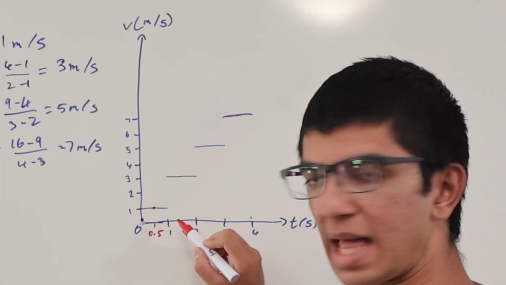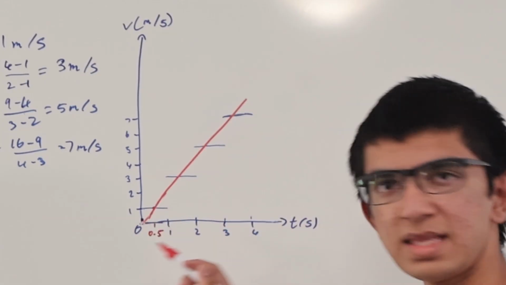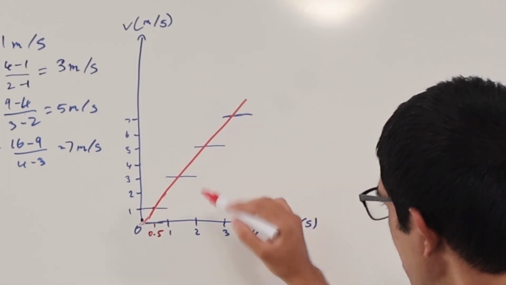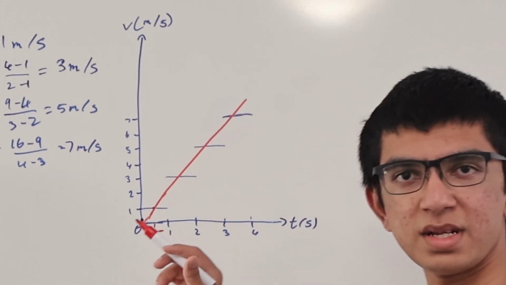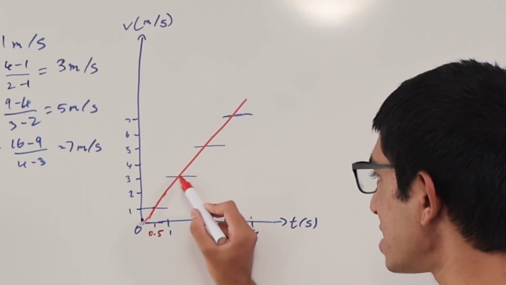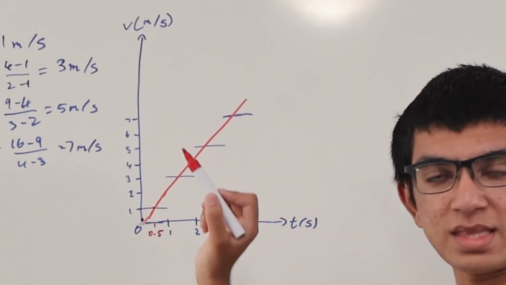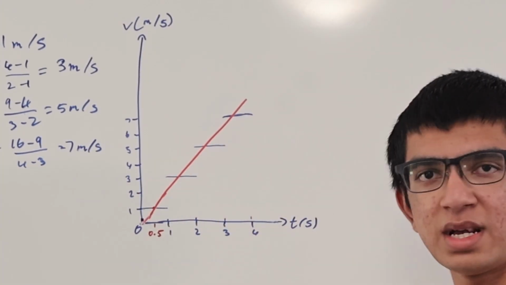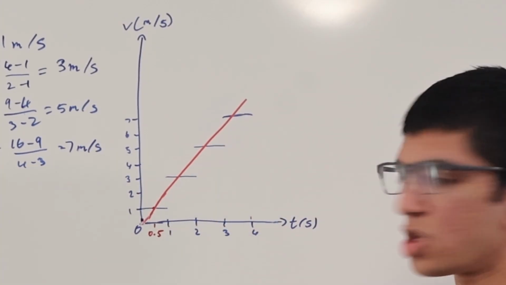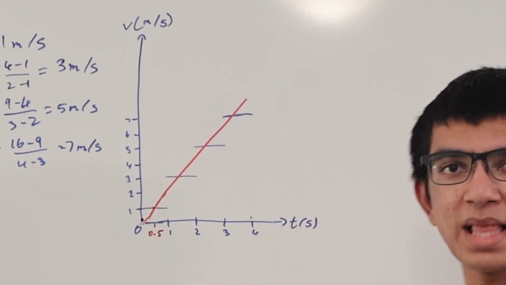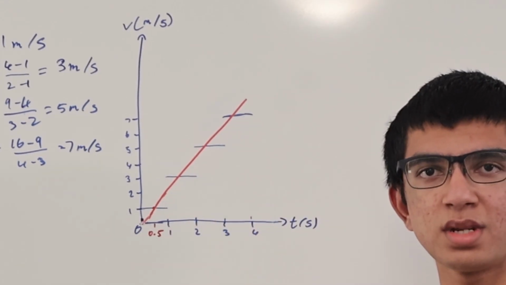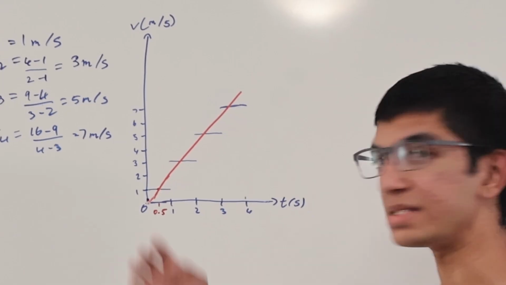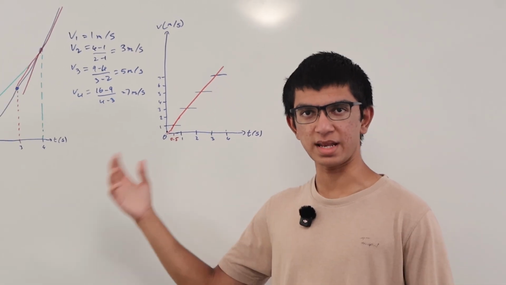And if we just draw a line through them, you can see that, my drawing's a bit wonky here, but it seems to pass at the halfway points of each line segment. So we can use this red line here as a good approximation for my instantaneous velocity at any point in time.